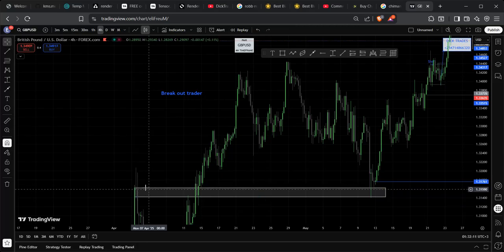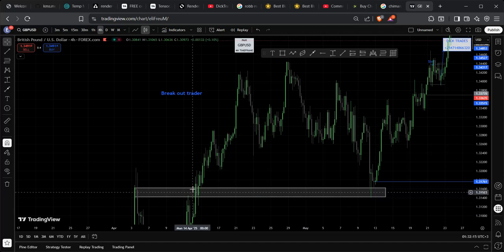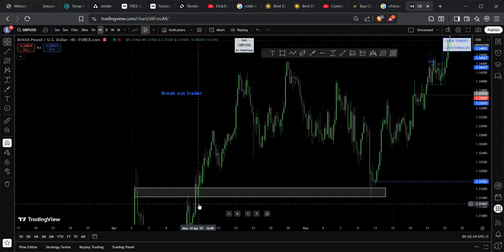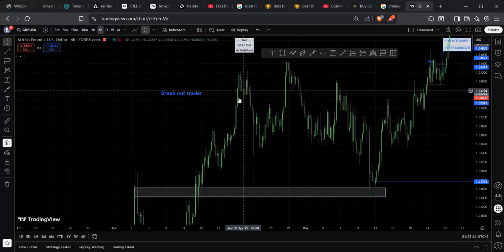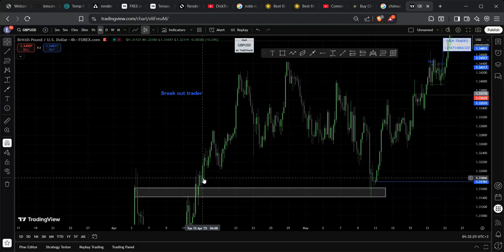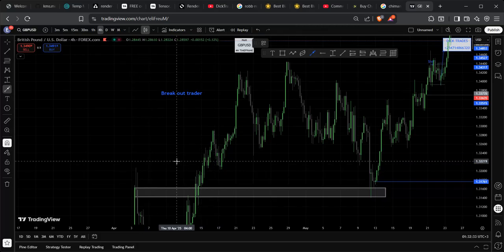This level was a resistance. Price came, rejected it, then it came back, rejected, then it shot up aggressively. Yeah, as you can see. So our first trader is a breakout trader. When price breaks through this level, let me show you.